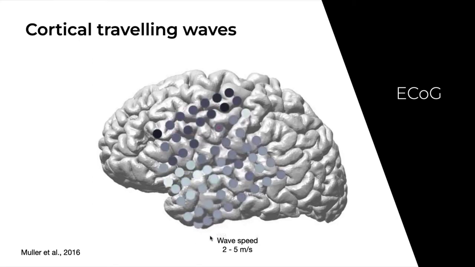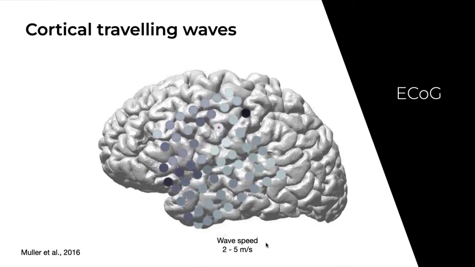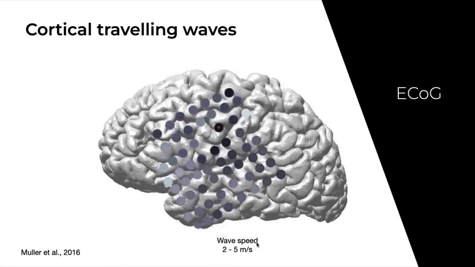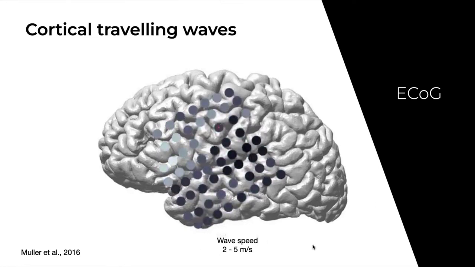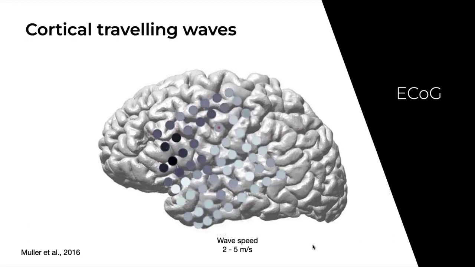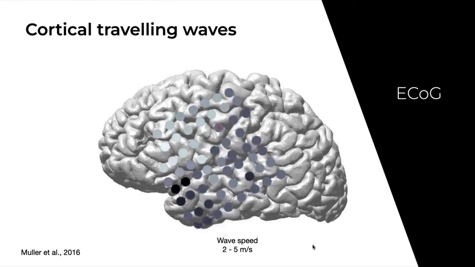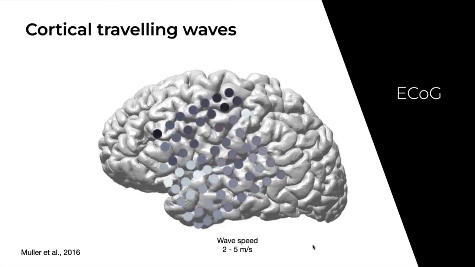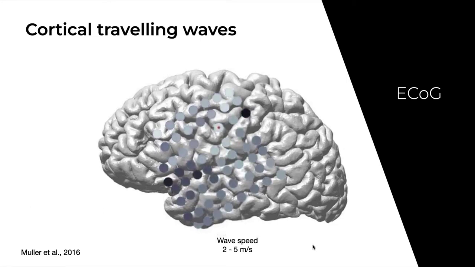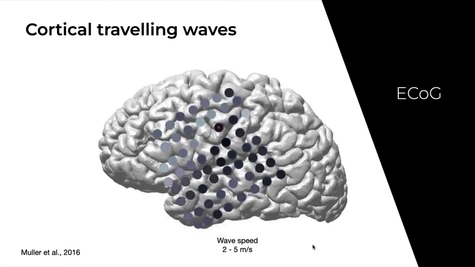As you can also see on the slide, the wave speed of this rotating wave has been estimated at about 2 to 5 meters per second, which is much faster than the example that we saw before. And this suggests that the underlying fiber network that produces this traveling wave is actually myelinated axons of the white matter fiber tracts.